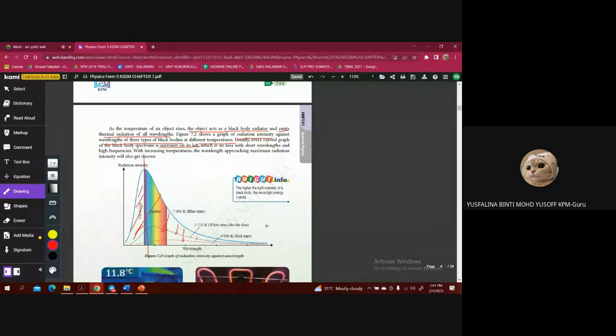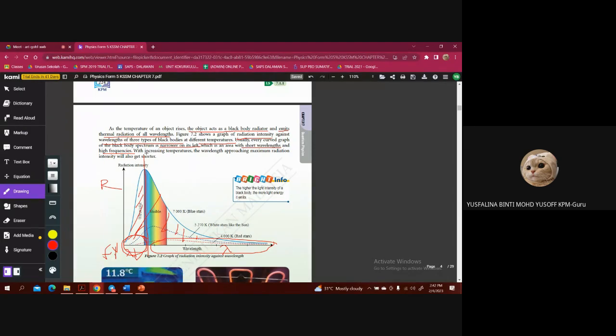Now the graph is radiation intensity against wavelength, lambda, so here the wavelength is smaller than this part. With shorter wavelength comes high frequency. So at this part, the wavelength is shorter, but the frequency is higher.